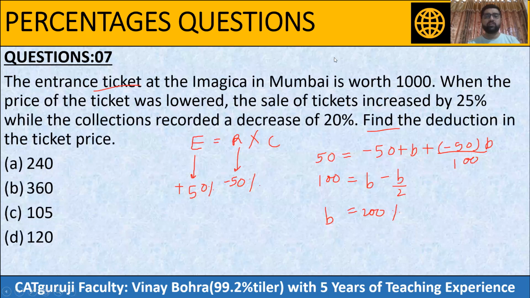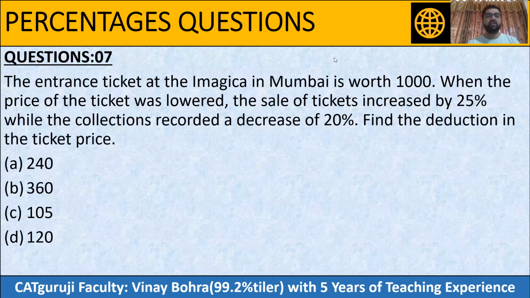Let us see one more question of the same type. The entrance ticket at the Imagica in Mumbai is worth 1,000. When the price of the ticket was lowered, the sale of the ticket increased by 25%, while the collection recorded a decrease of 20%. So your collection, that is revenue, is equal to total sales into price per ticket.